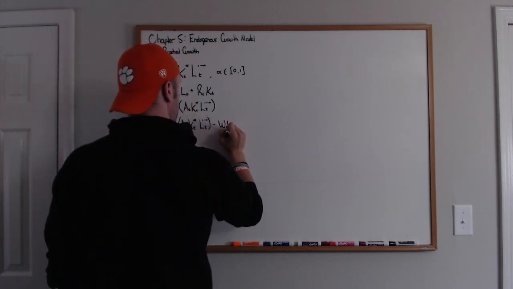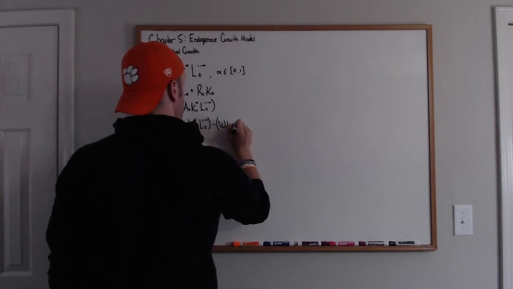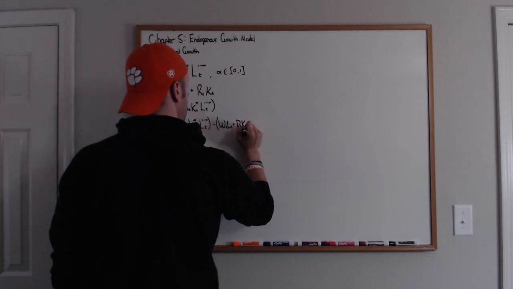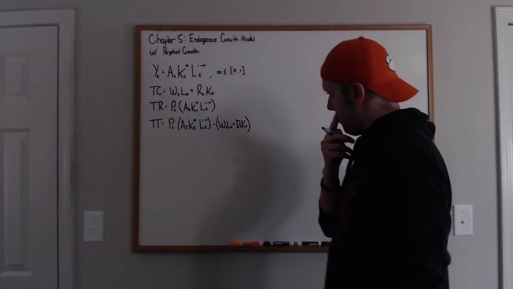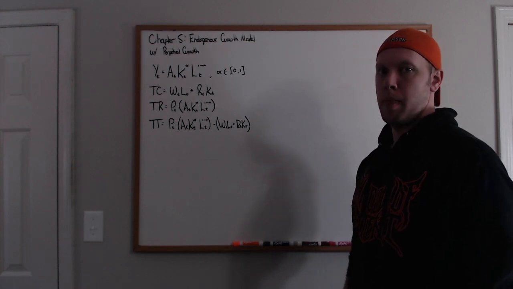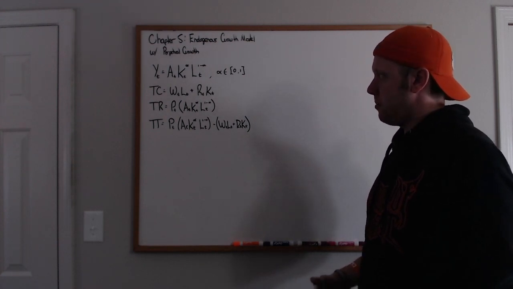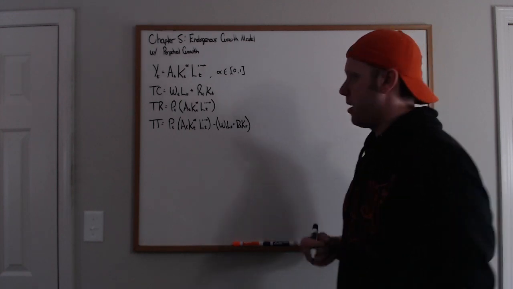Nominal wage rate times the amount of labor we use plus real interest rate times the amount of capital that's used. This is what we get. Total revenue, total cost. Now, when we maximize profit, we take partial derivatives, set them equal to 0, and solve from there.